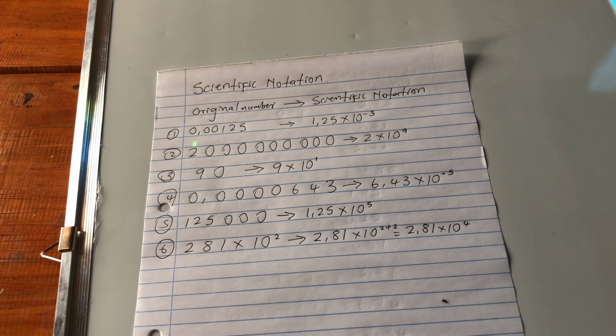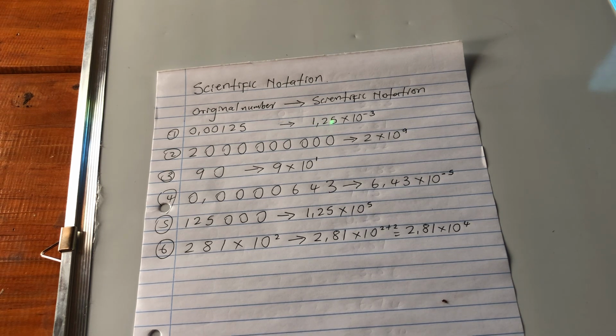As we shift it, we'll pass the first 0, second one, then we pass a number which is 1, because earlier I said the numbers that we're interested in are 1 up to 9, not 0. So let's do it again. 1, 2, 3. This point is going to be positioned between 1 and 2. You can see it here, that is between 1 and 2. So I have 1,25.